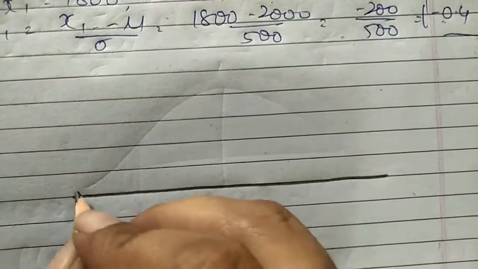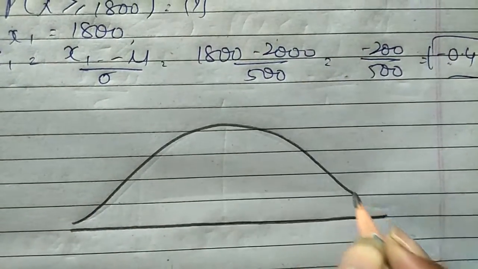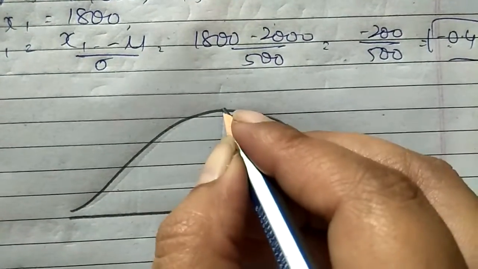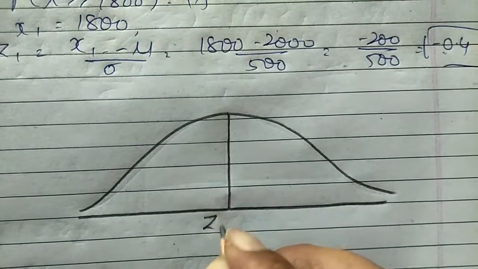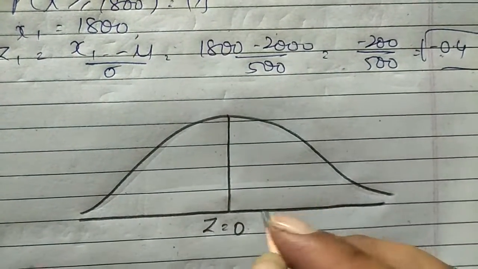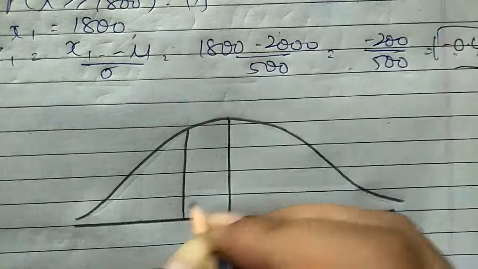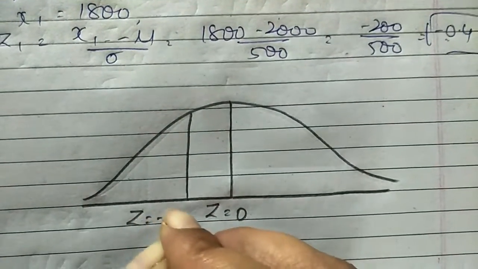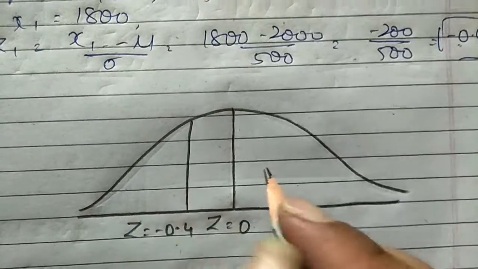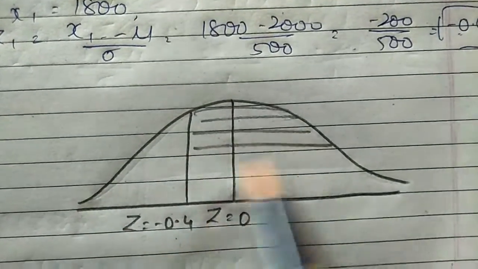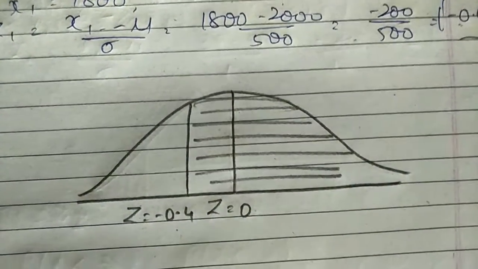Now we will make the same diagram. The centermost part is z = 0, and −0.4. Okay, so this much portion we have to find, so we will shade it.